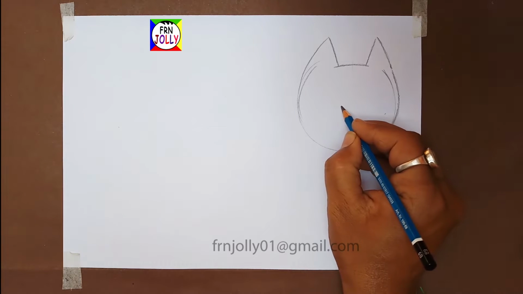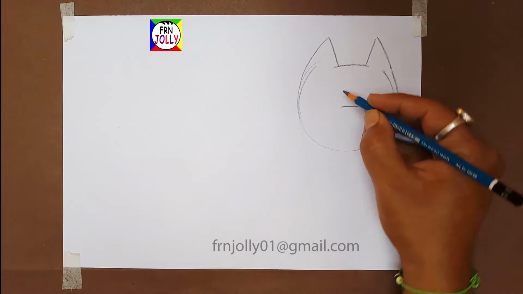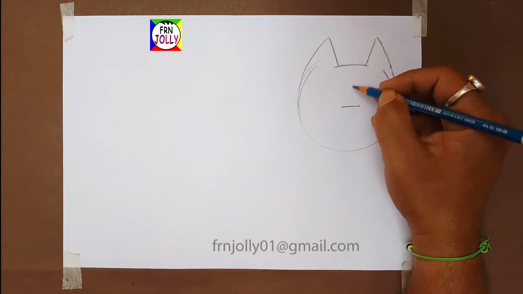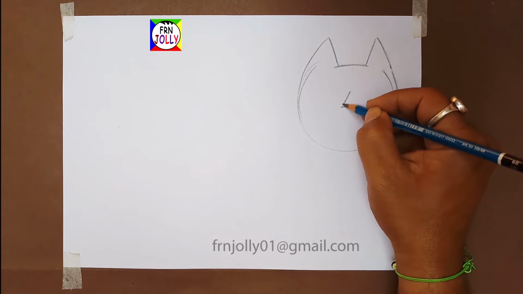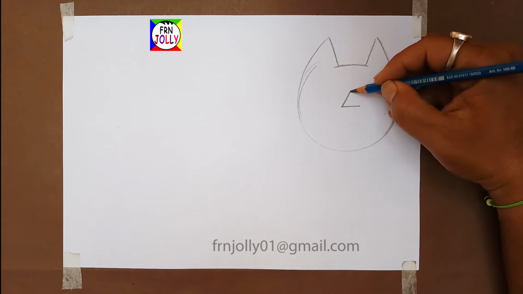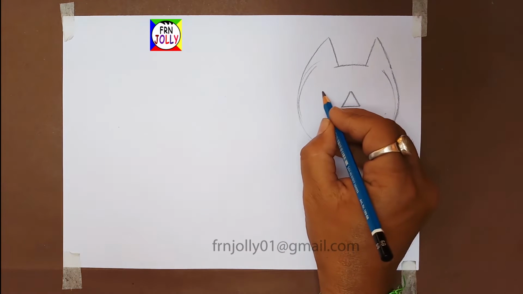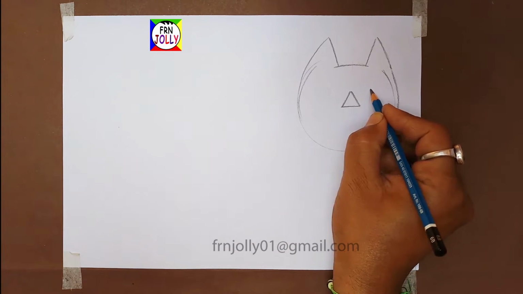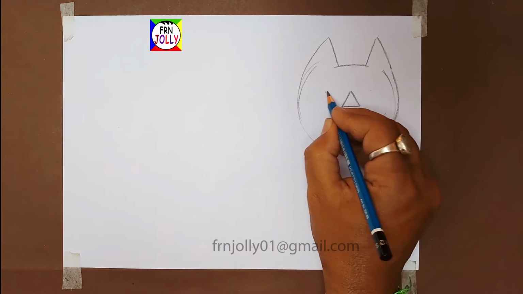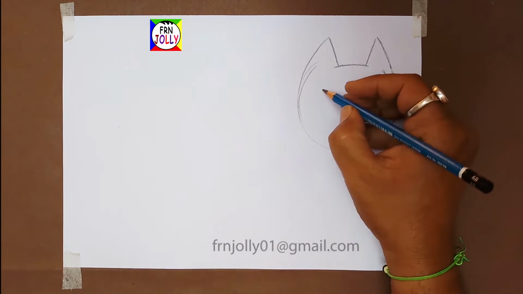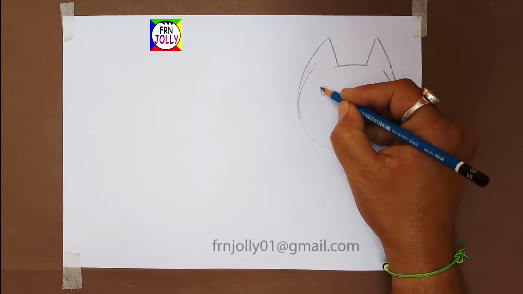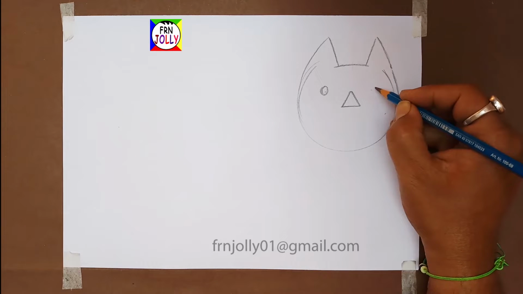Then make a triangle in the center of this shape for the nose of our cat. Draw the eyes on both sides, just above the nose.